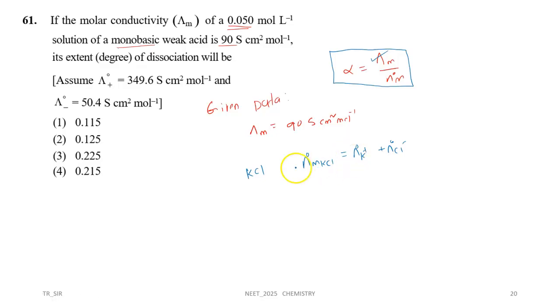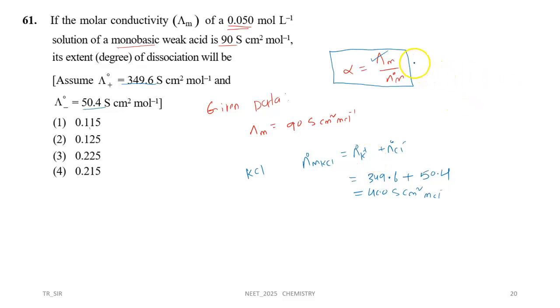Add these two values: 349.6 for the cation, 50.4 for the anion. Adding 349.6 plus 50.4, we get 400 as lambda naught, in S cm² mol⁻¹.